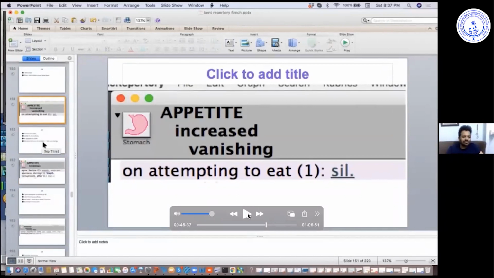Yes, Dr. Priyanka. When the appetite diminishes, he doesn't even want to eat when it's time for the dinner or lunch or breakfast. But here, when he takes the first spoon, the appetite is vanished.